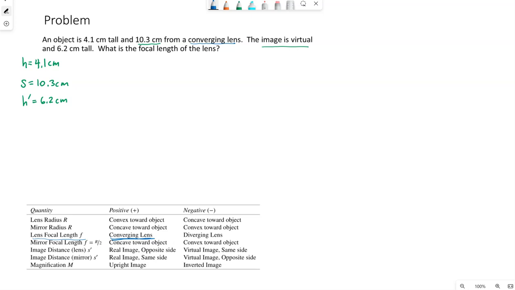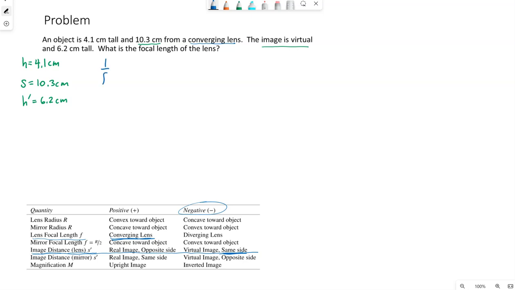We have to find our mistake. The math itself needs to give us the positive answer. Our image is virtual, so image distance for a lens, this image will be on the same side as the object. Virtual means S prime will be negative.